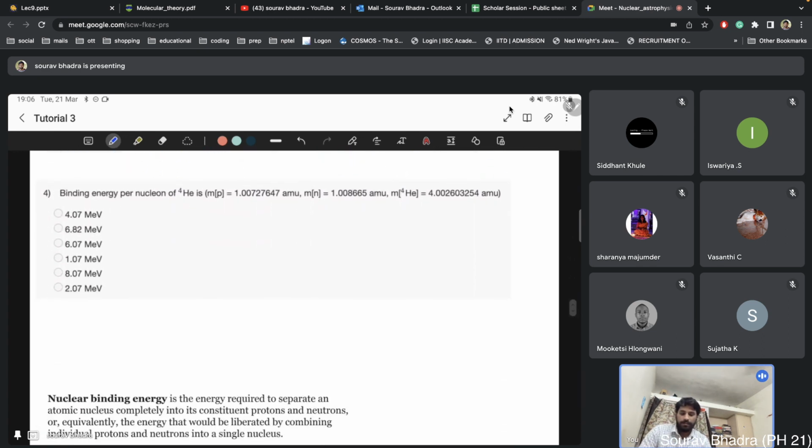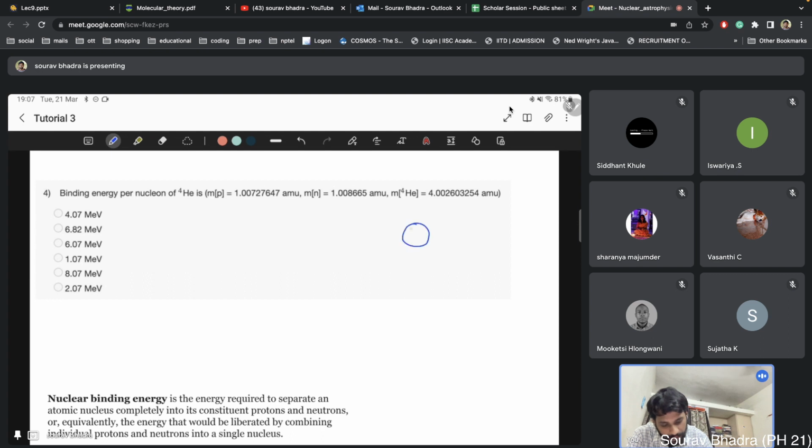Now binding energy per nucleon, this is something I will do. Let me check. Yeah, this I have done already. So binding energy. You know what a nuclear binding energy is, because when you calculate the mass of a nucleus and the mass of the constituents of the nucleus, that is protons and neutrons, there is some difference between those two.